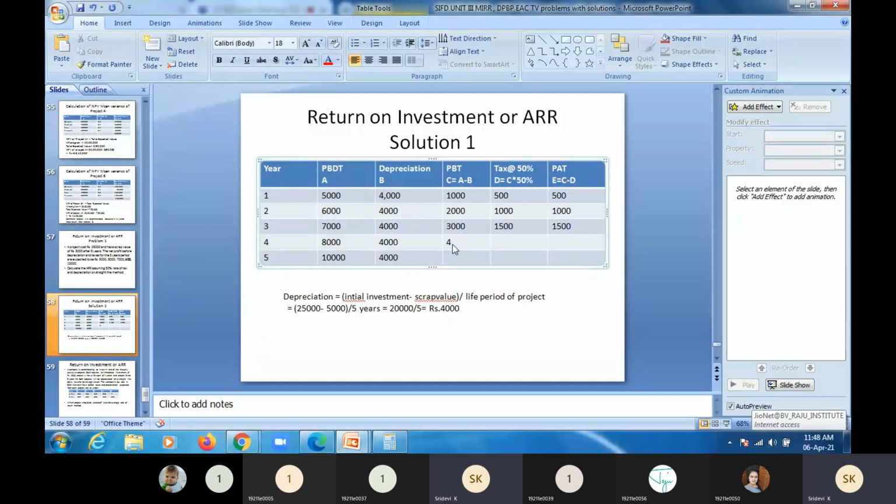So here 4,000, 2,000 is 50% tax, and the remaining profit is 2,000. So here how much? It is 6,000.